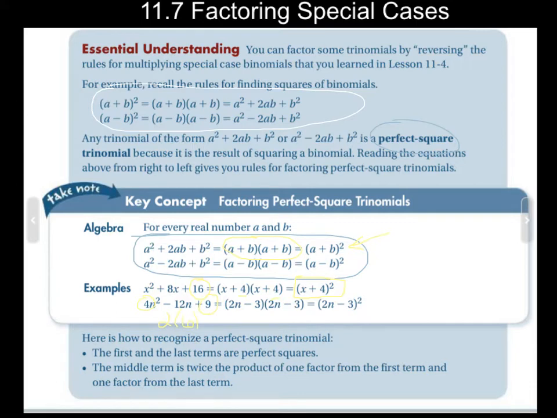Well, 6 is also the same thing as 2 times 3. 2 happens to be the square root of 4, and the 3 happens to be the square root of 9. So that's showing that you've got that 2ab pattern in the middle. But again, if you recognize it, great.